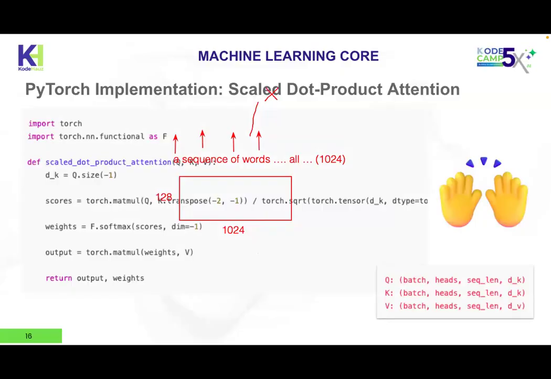So I want to explain this. If you look at this, you will see there is an order here, right? And the order that we have here is batch first, then heads, then sequence length, then embedding dimension.